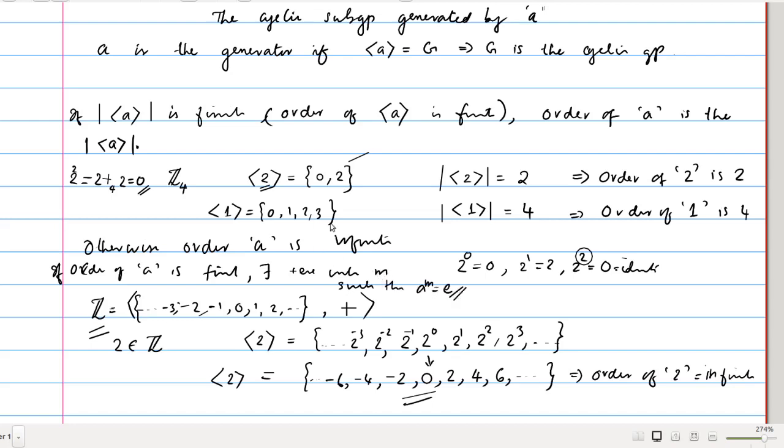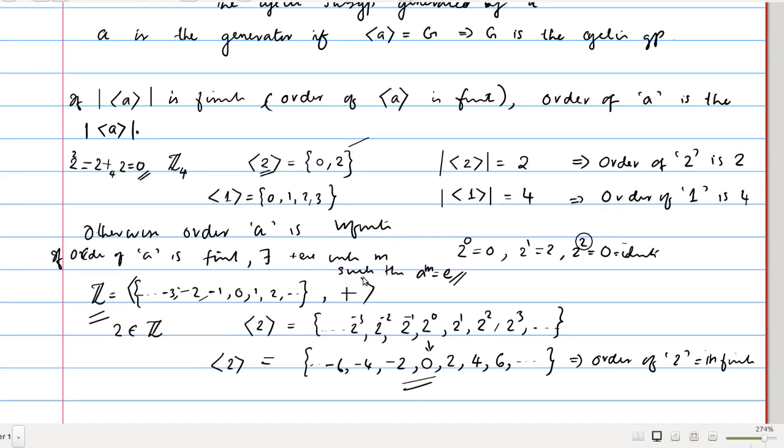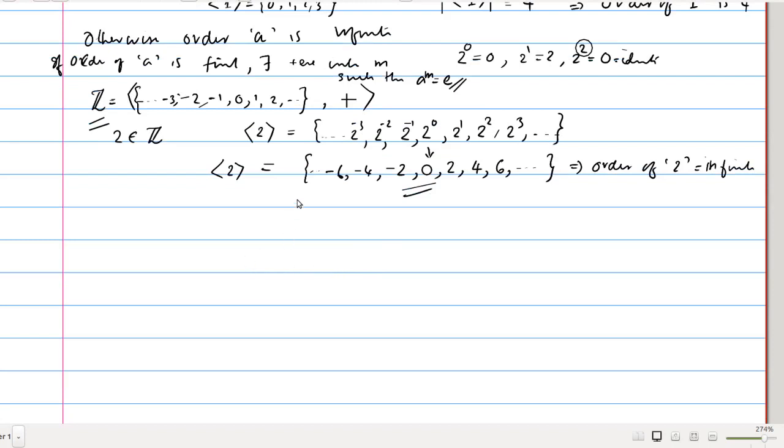This is a nice observation from this finite group Z4. So in case of finite order, you can easily find a positive integer m such that A raised to m is equal to E.